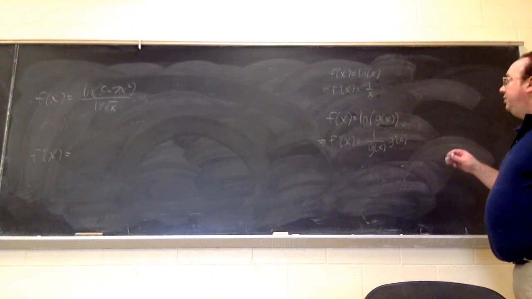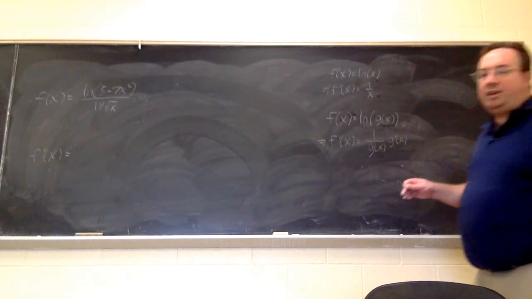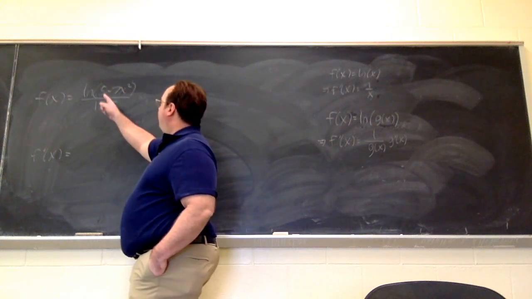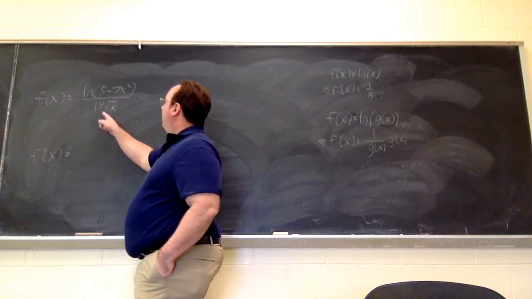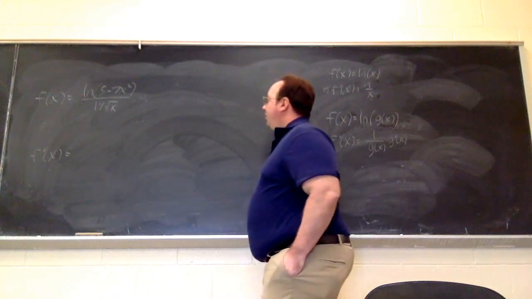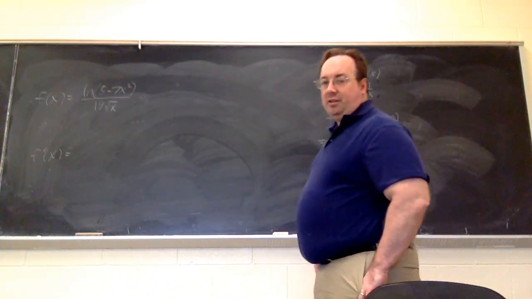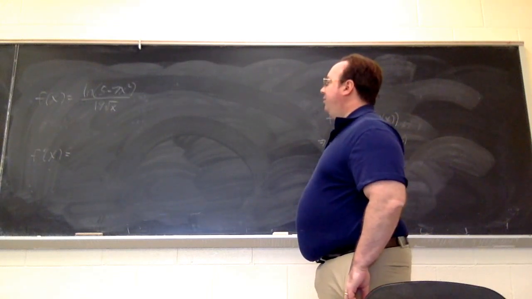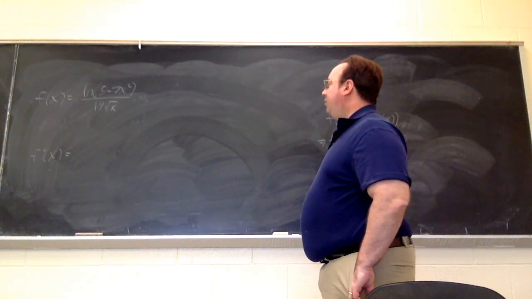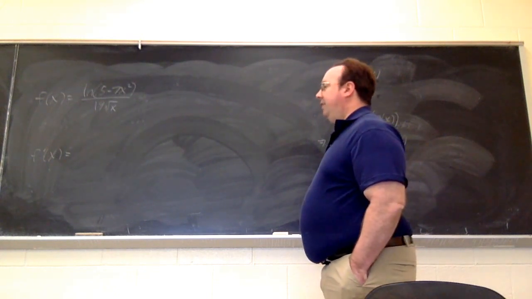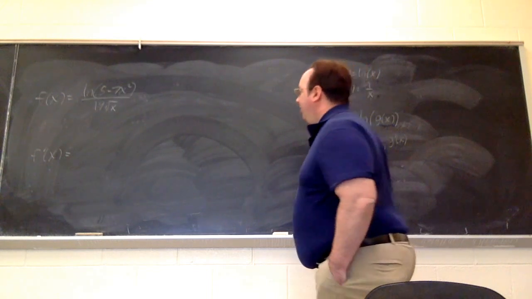Okay, so I'm going to use this rule to differentiate this function here, natural log of 5 minus 7x squared, all over 19 times the square root of x. Now, there are different approaches that we could take to this. We could use either the product rule or the quotient rule. I'm actually going to use the product rule on this just to get the answer in the form that Hawks has their final answer in.